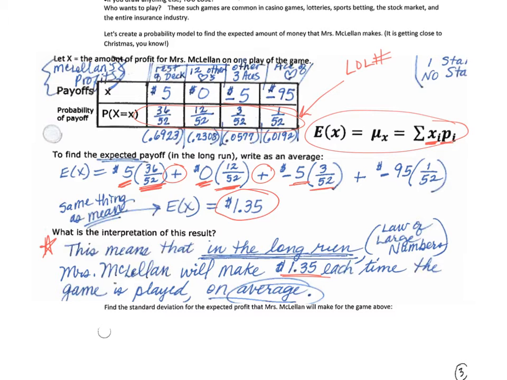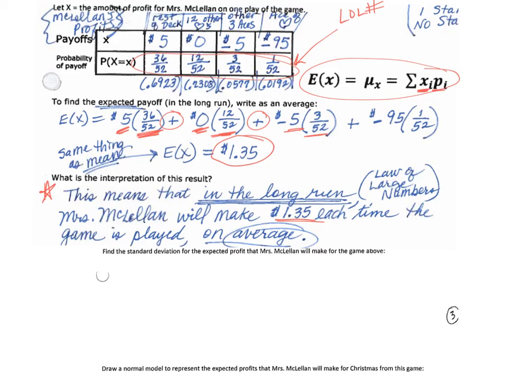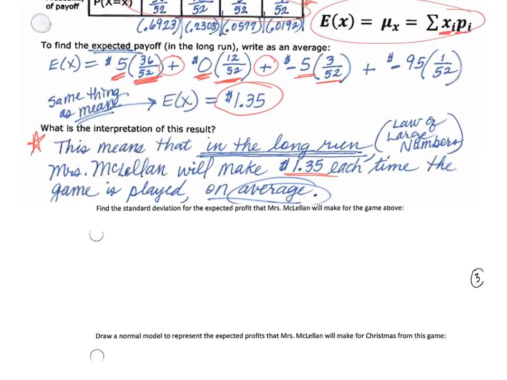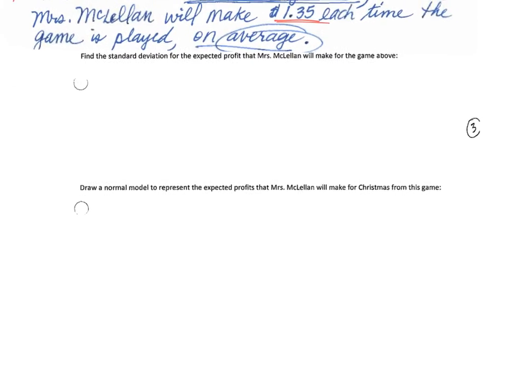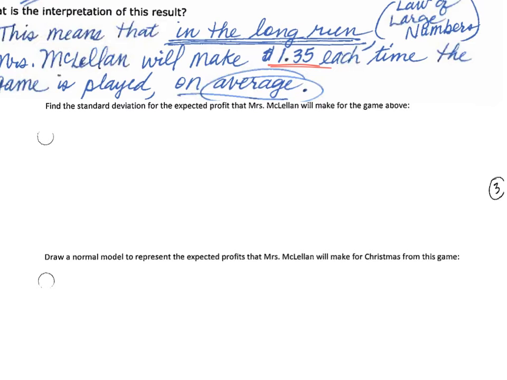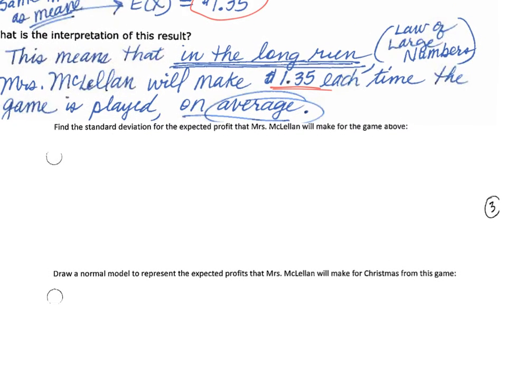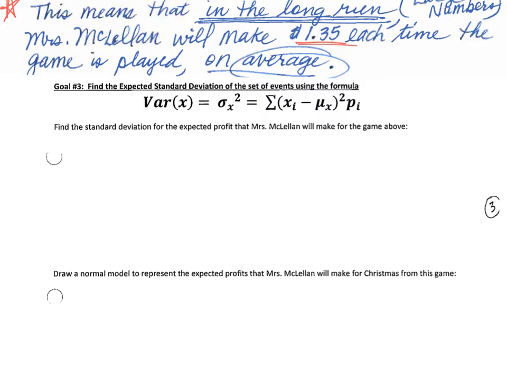Okay, so now we did not do the standard deviation yesterday, and so that's what we're going to go to right now. So here we go. We're going to find the standard deviation, and the formula for that, which you have in your notes. Here is the formula.